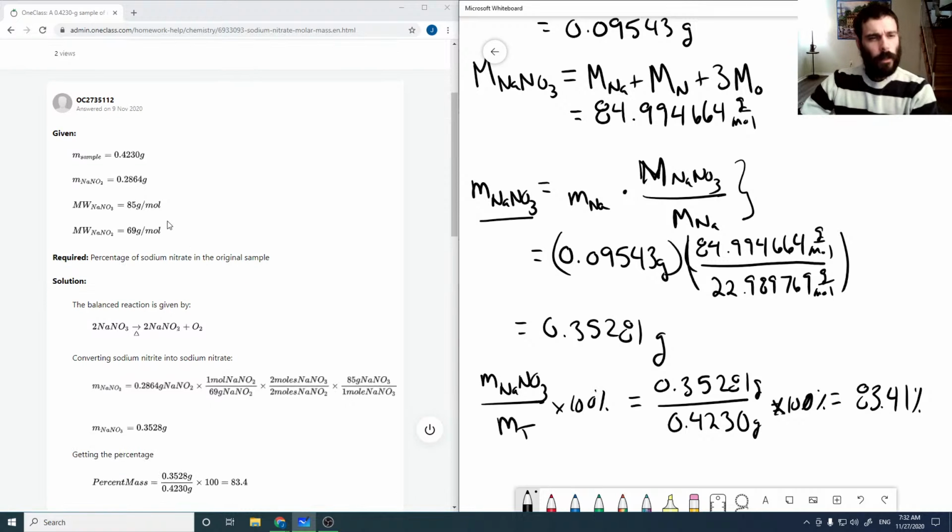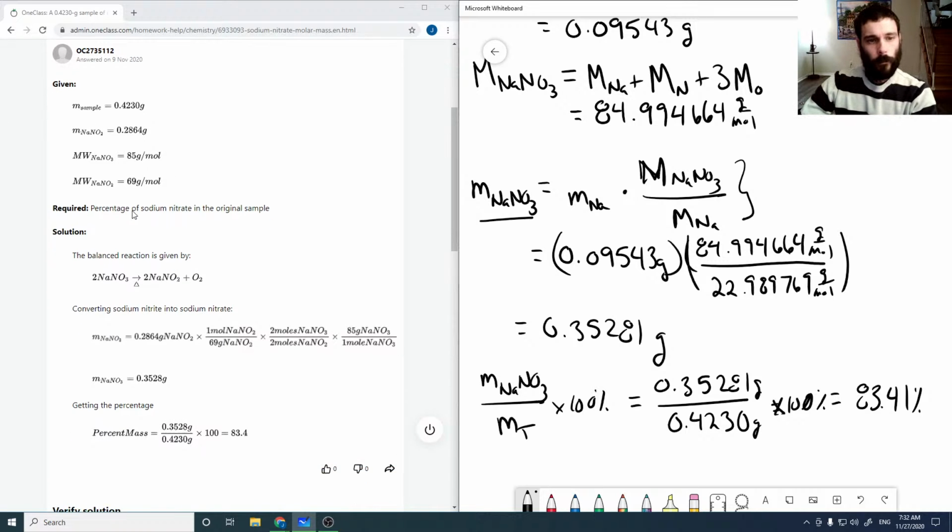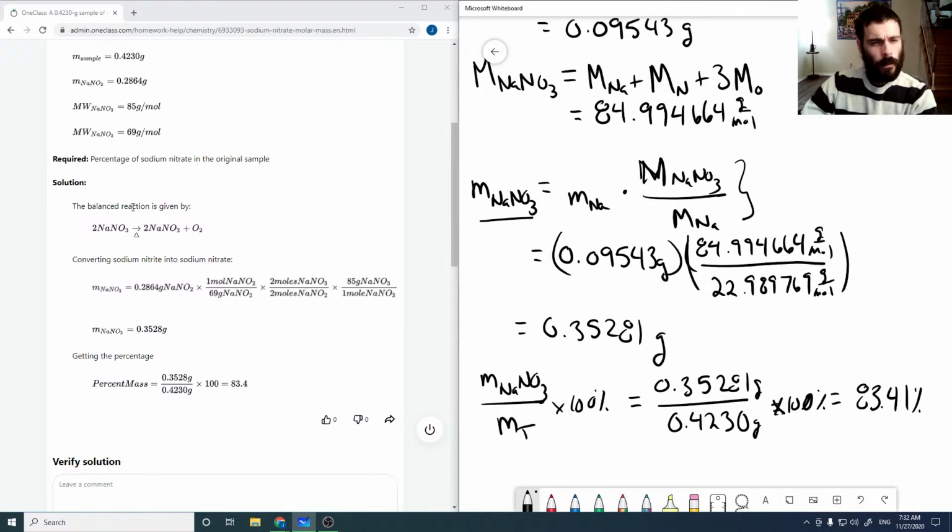Okay, so looking at the solution here, we're going to start with our molar masses. We can convert sodium nitrite into sodium nitrate by using some of these mass fractions, which is basically what I did, but I separated it out a little bit more.